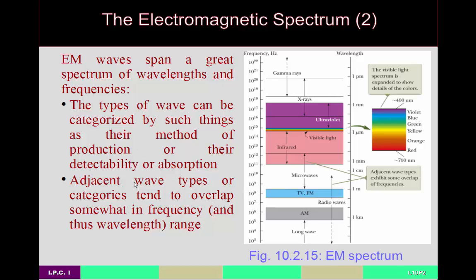And it's worth noting here that adjacent wave types often overlap a bit in frequency and therefore in wavelength range. This is because, for example, we might be able to produce a very high frequency AC signal, which can then be used to generate a radio wave.